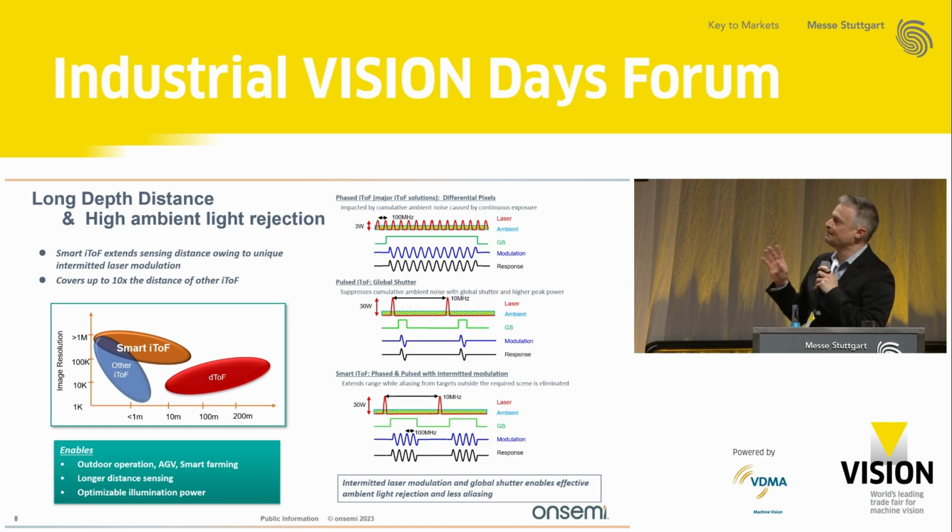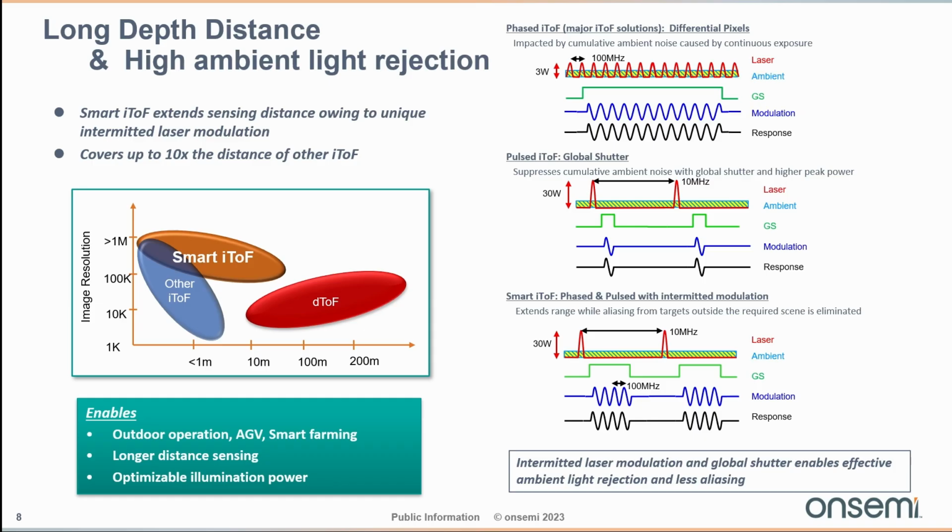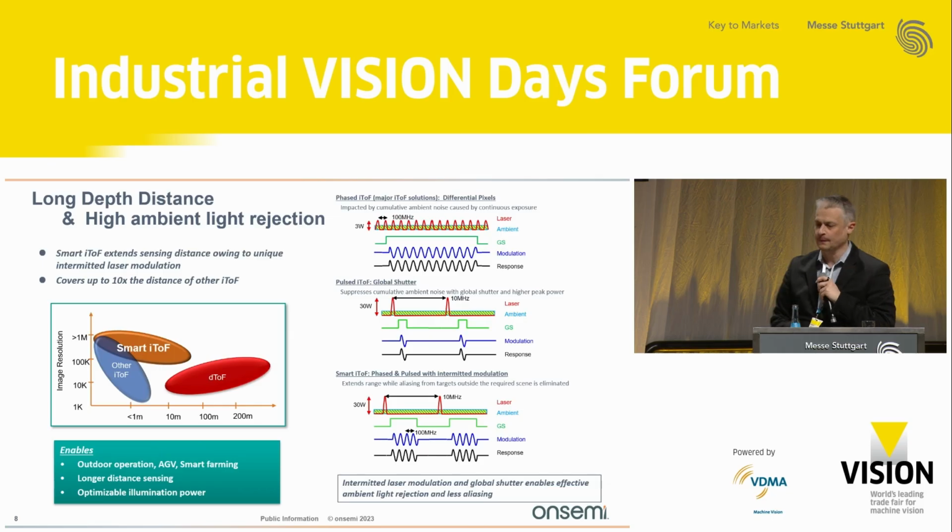In this case, you can burst at really high intensity but with a really short duty cycle, and in that case you're eye safe. That high intensity at a very short duty cycle also helps block out any ambient noise. So this is really the key.